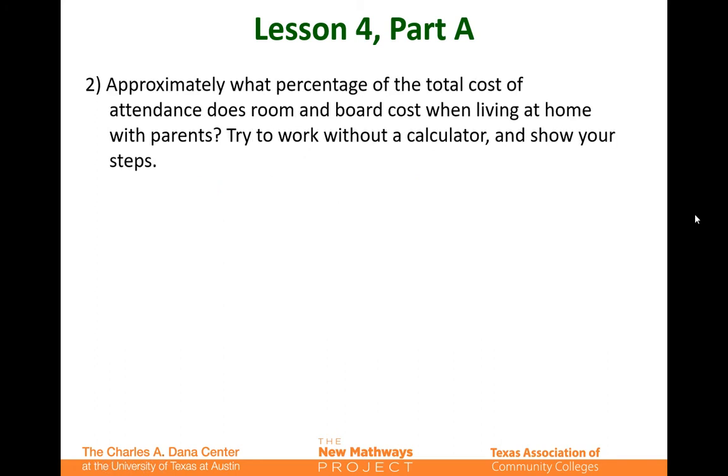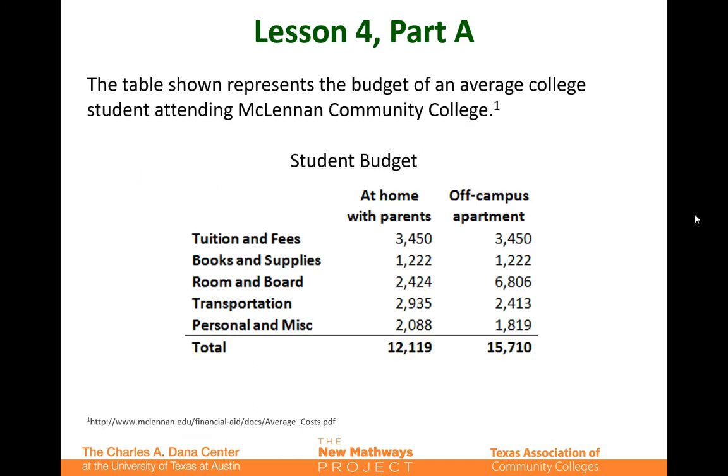Approximately what percentage of the total cost of attendance does room and board cost when living at home with parents? Try to work without a calculator and show your steps. So we're going to have to go back and see what percent room and board is when living with your parents.